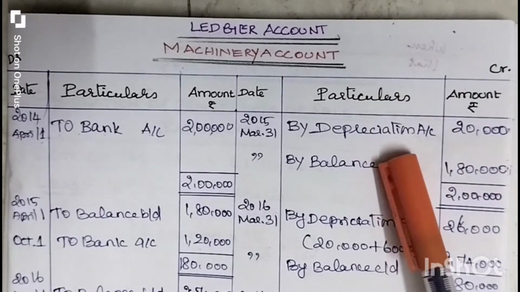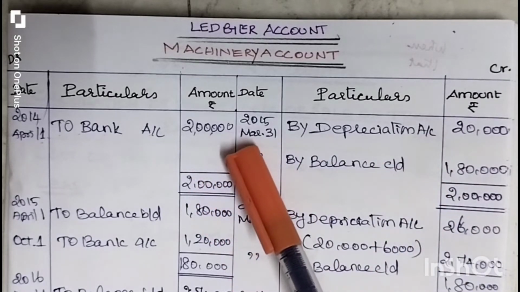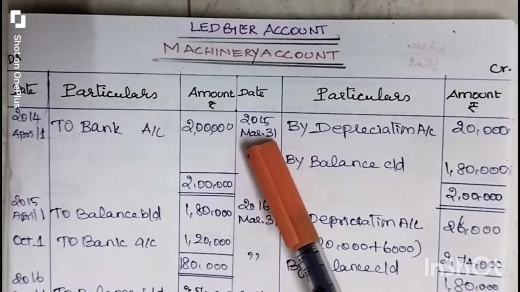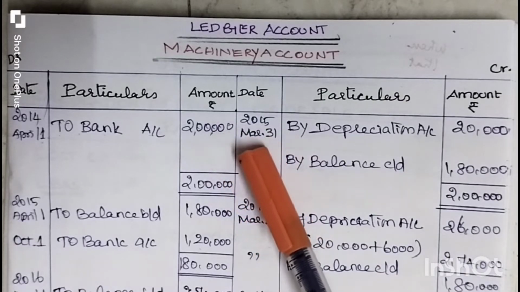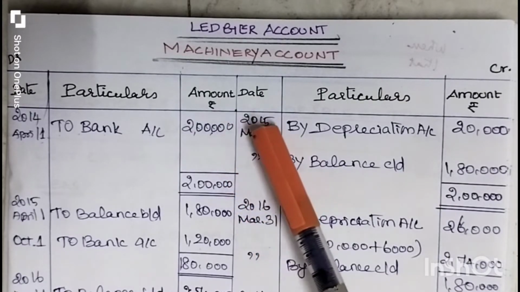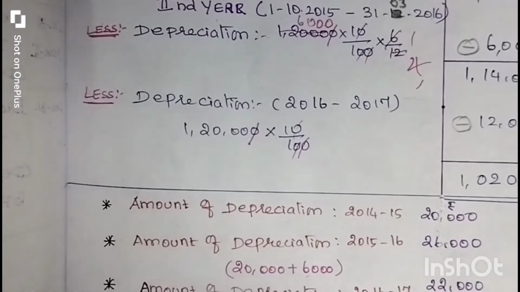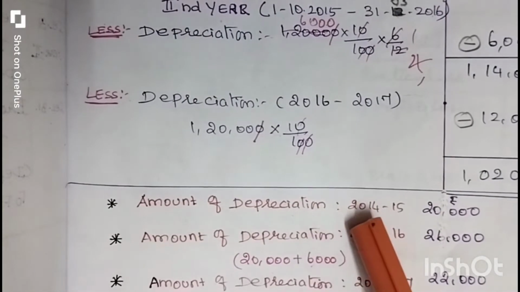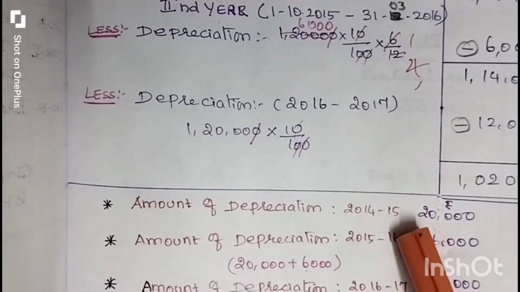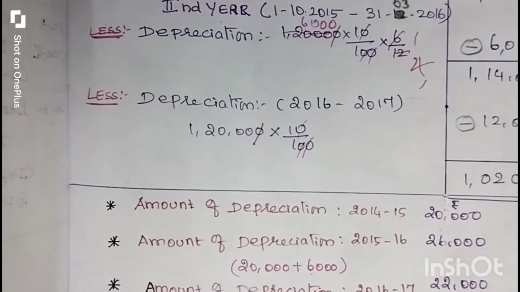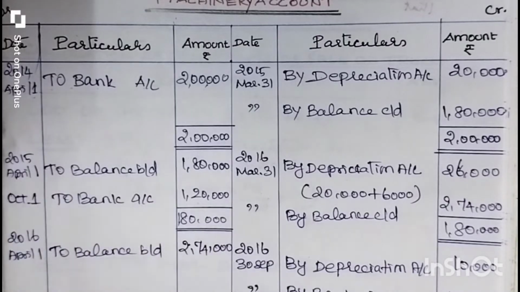Okay, depreciation value. Every year on March 31st they provide depreciation at the end of the year. So on 31st March 2015, by depreciation account is 20,000, which we already prepared. So listen here, 2014 to 15 the depreciation value is 20,000. So we entered it.